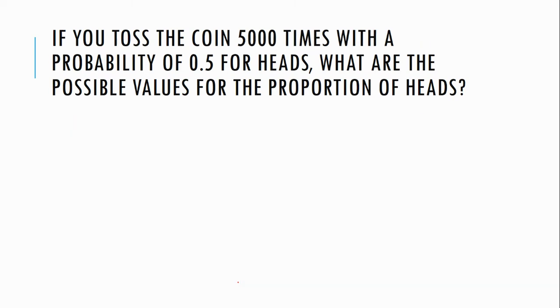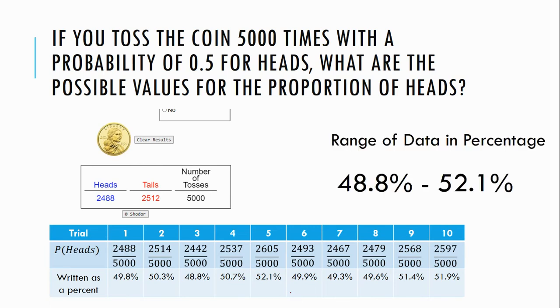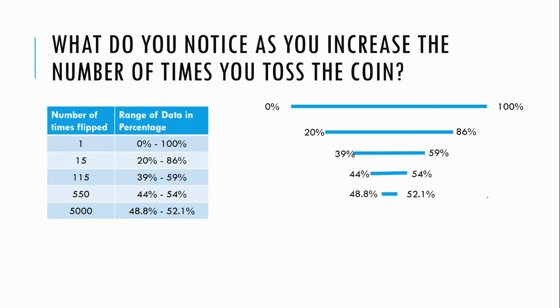Okay? And one last time, I flipped the coin 5,000 times, and I used the probability simulator to do this. If I look for my smallest percentage to my biggest percentage, I'm at 48.8 to 52.1. Okay, so you guys starting to notice a pattern here? When I flipped it one time, I either had 100 or a 0% chance.